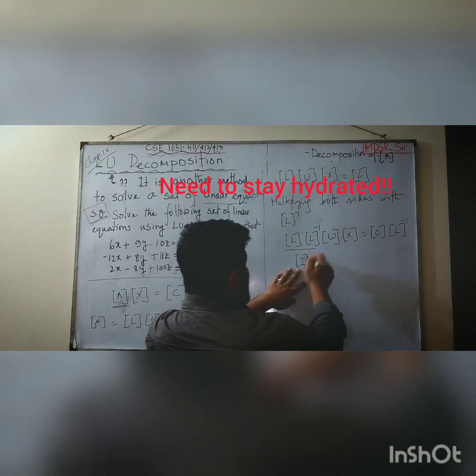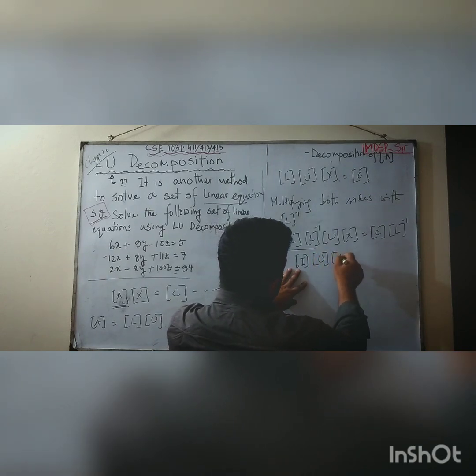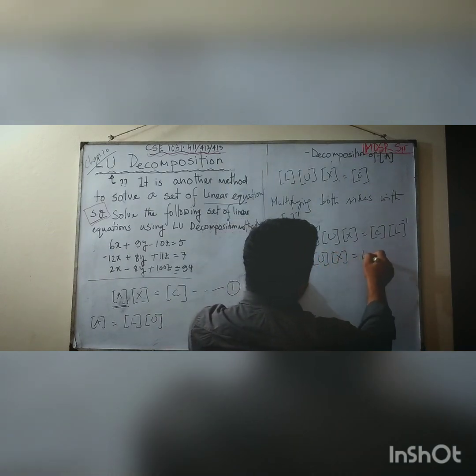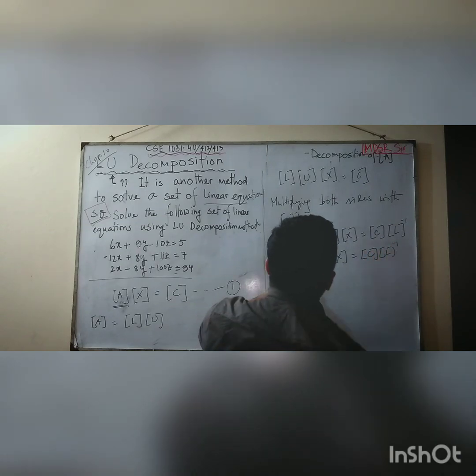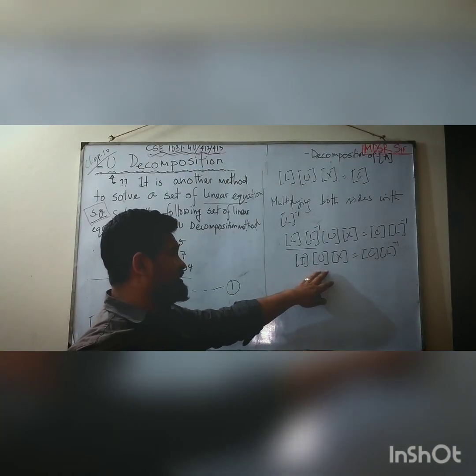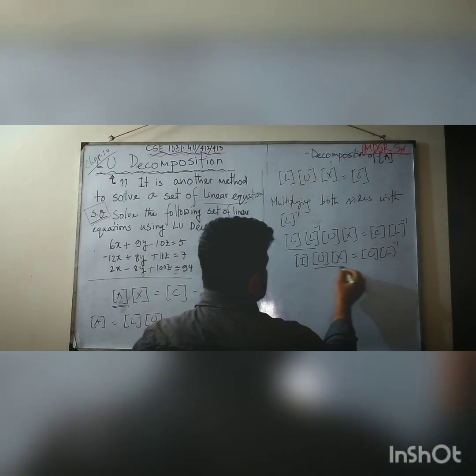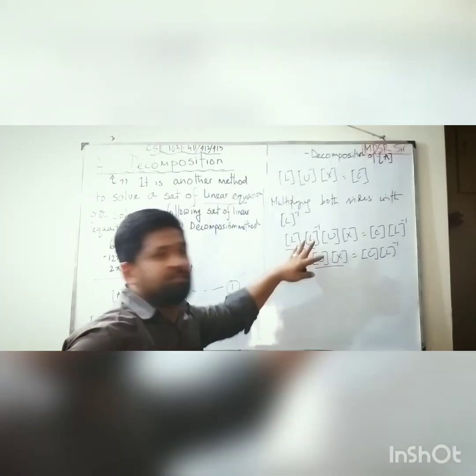So you get I for this, then you get U, you get X equal to C into L inverse. Right? So again, if you multiply two matrices with I, you get the same thing.